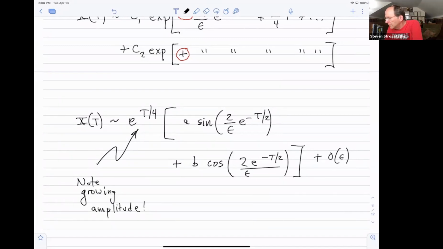And to me, the notable thing about it is that term, the slowly growing amplitude.